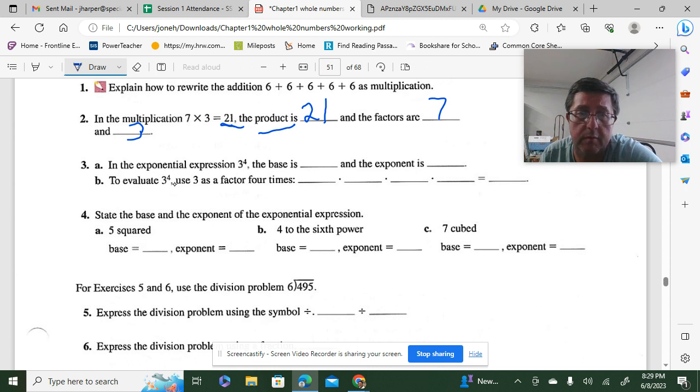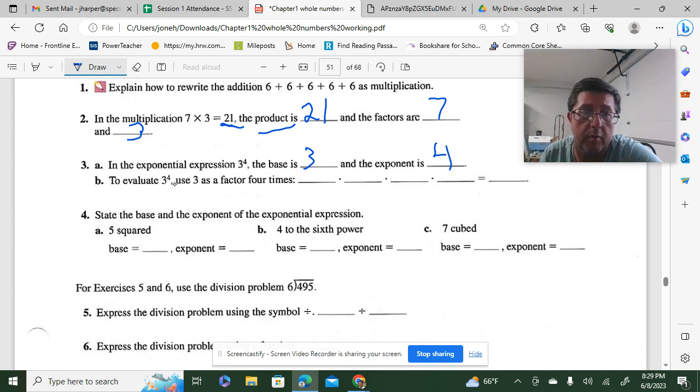So, in the exponential expression 3 to the fourth power, the base is 3. That's the big number. And the exponent is 4. So, that was right? Yes.